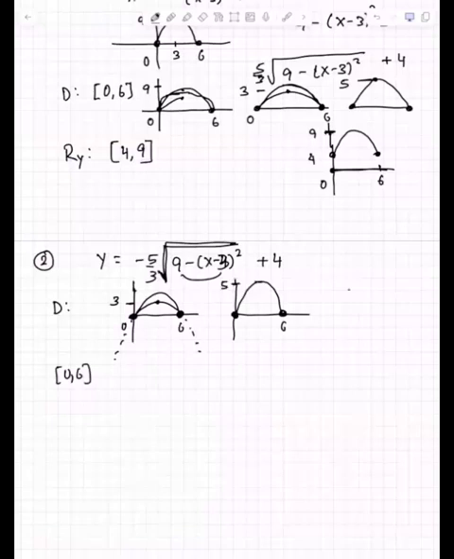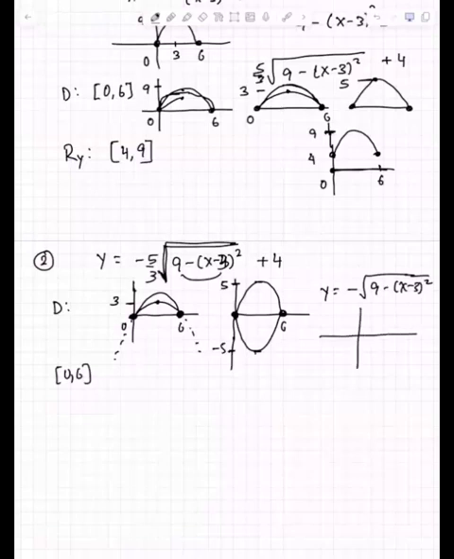Now is the next part. If we are taking the negative, we're replacing y with negative y, right? So this becomes this guy. That means we are flipping the graph over the x-axis, so this becomes that. Here it is at negative 5. And then what are we doing to this graph is bumping it up by 4.